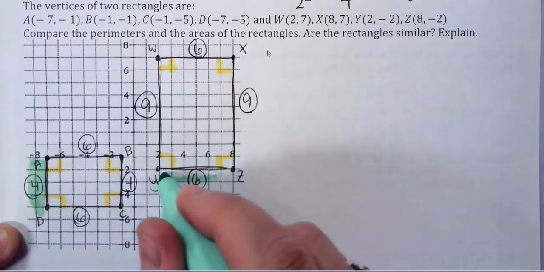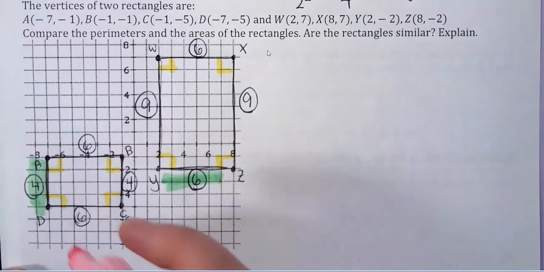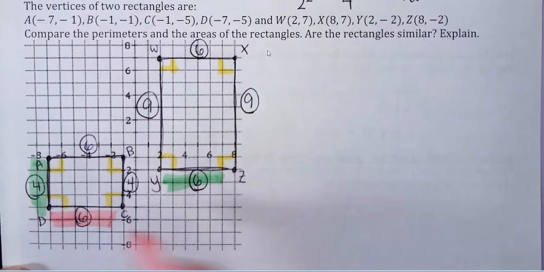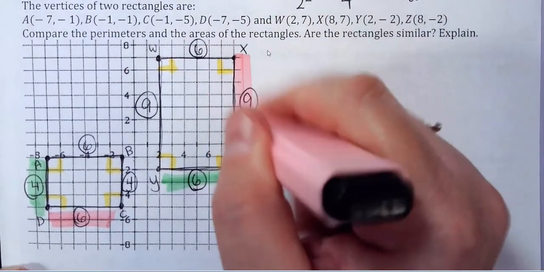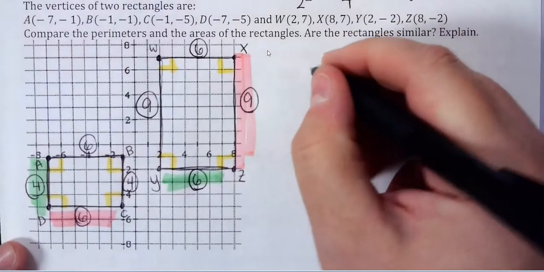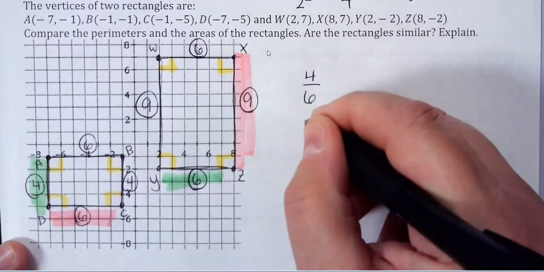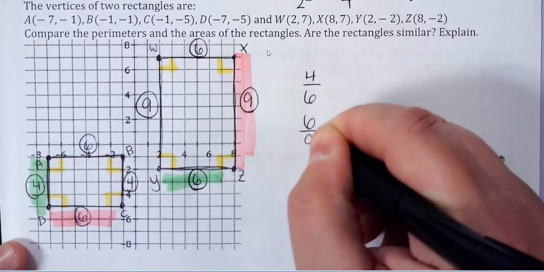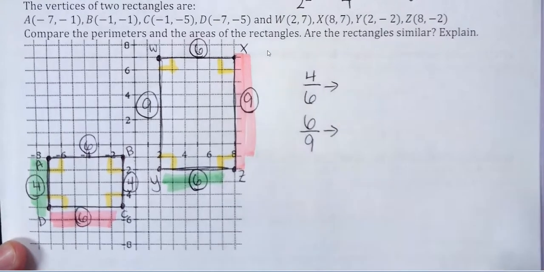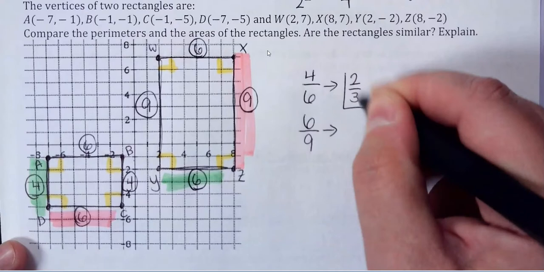So the 4 and the 6 would go together, and then the 6, the longer side of the smaller one, and the 9, the longer side of the larger one, those would go together. So we're going to check that these give us the same fraction. So 4 over 6 and 6 over 9. If they give us the same fraction, that would be our similarity ratio, which both of these guys are 2/3.